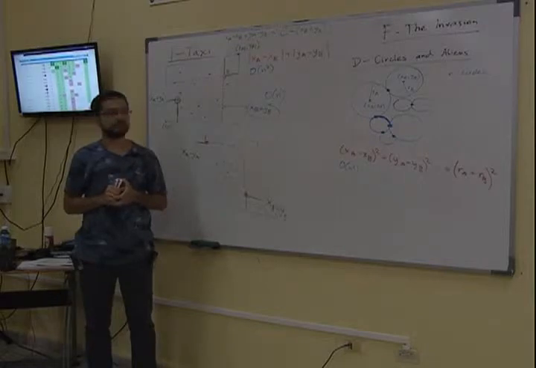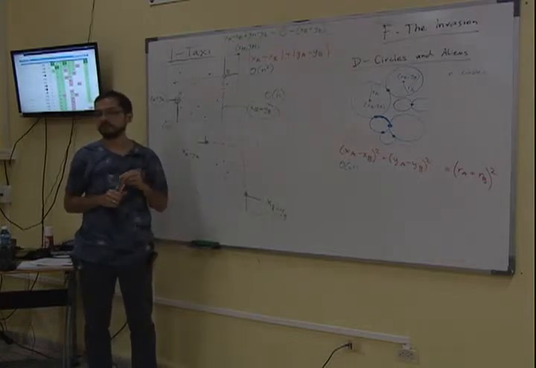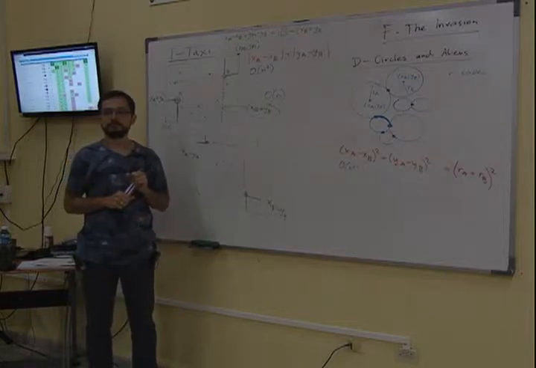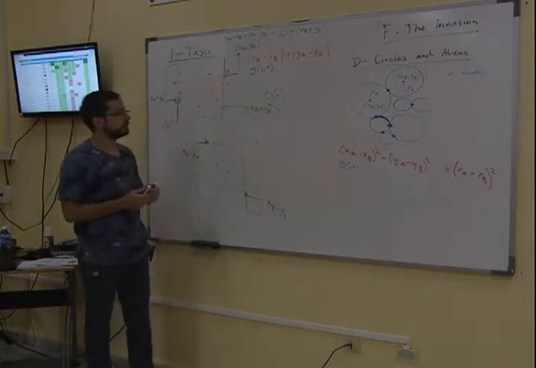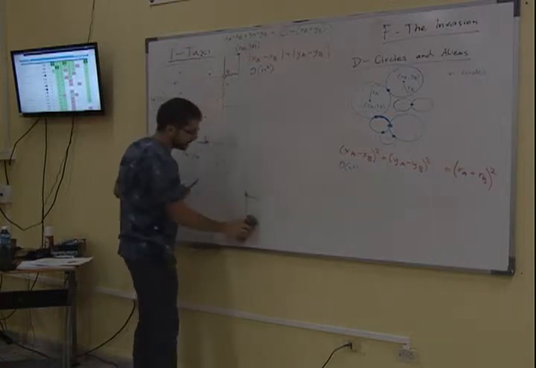So what can we say about this graph? It's planar. So what do we know about planar graphs? We know the Euler formula for planar graphs.